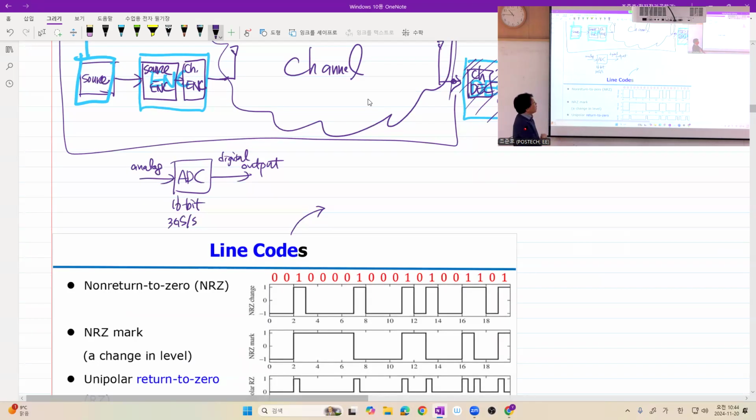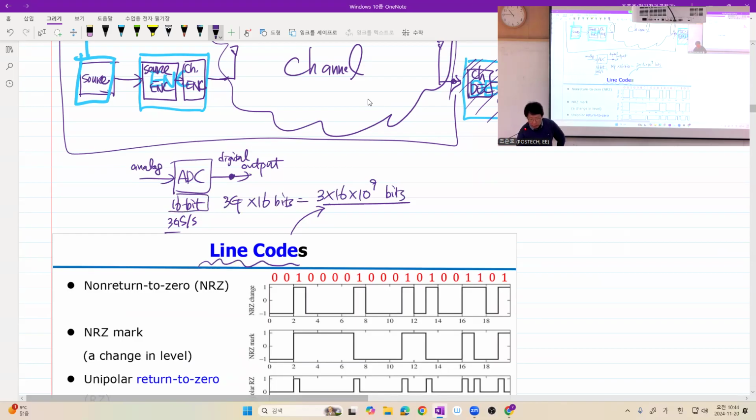Now, how many bits do you obtain at this output per second? 3 giga times 16 bits. So 3 times 16 times 10 to the 9 bits per second, right? A lot, right?